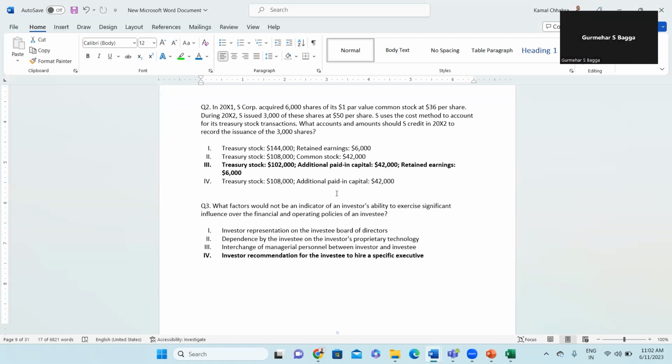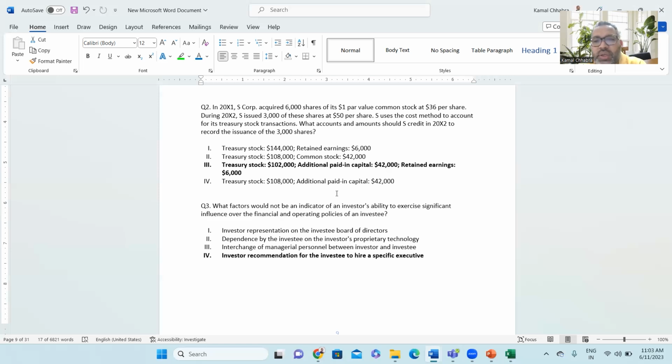Issued, authorized but not issued. Basically we issued and bought back. So here S Corporation acquired 6,000 shares of $1 par value at 36.